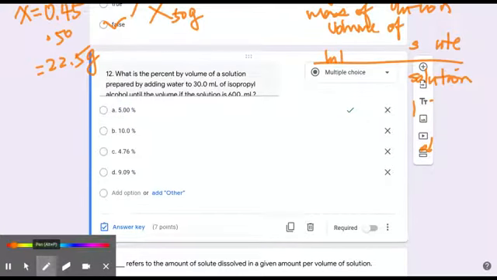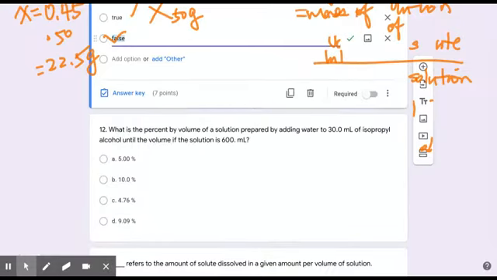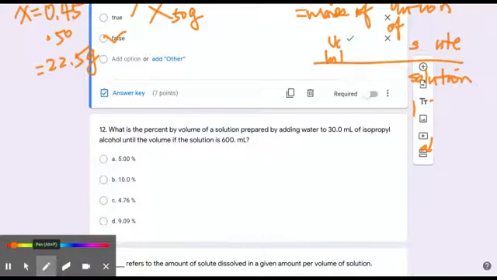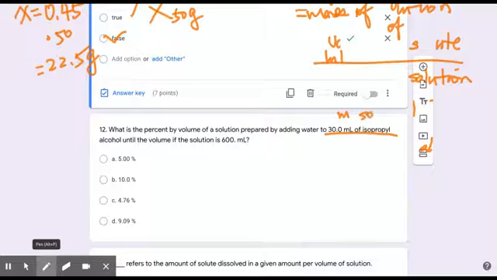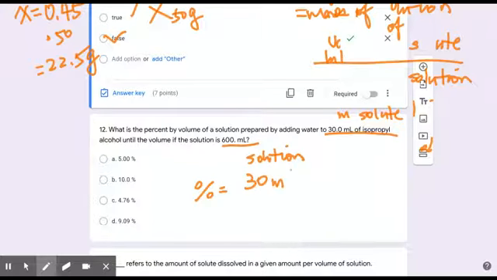We have the volume of solute, and then we have the volume of solution. Percentage equal volume of solute, 30 ml, over, not mass, this time we're using the volume.